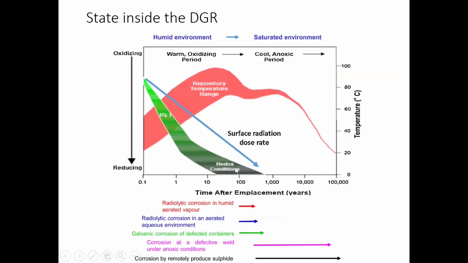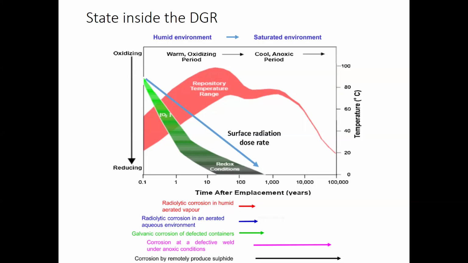You're going to see almost all oxygen completely depleted and end up under reducing conditions. So lack of oxygen within 10 years, could be faster, could be longer. A lot of this is going to be eaten up by the corrosion process, as well as maybe mineralization reactions, possibly bacteria living off of it that you may have exposed. But one way or the other, free oxygen in the system will be used up fairly quickly.